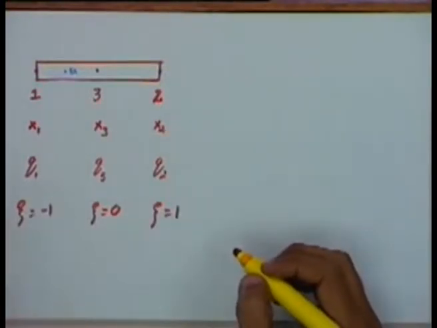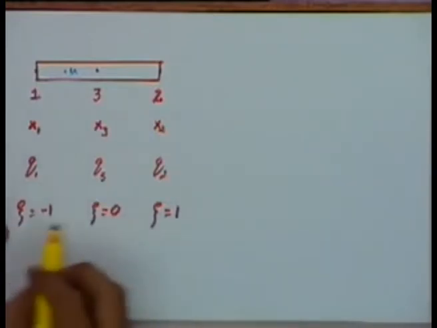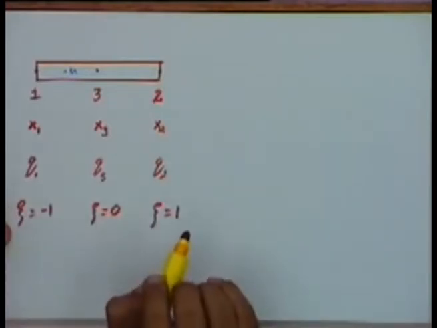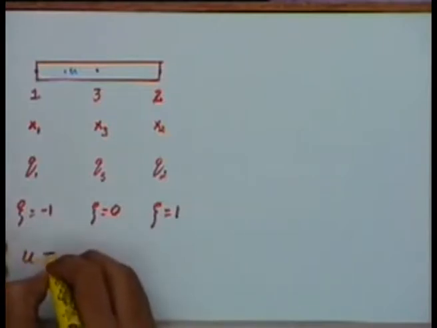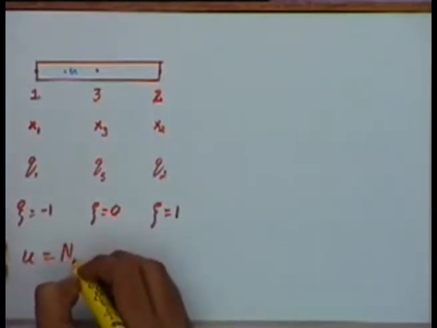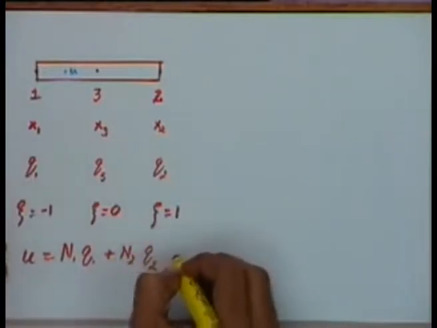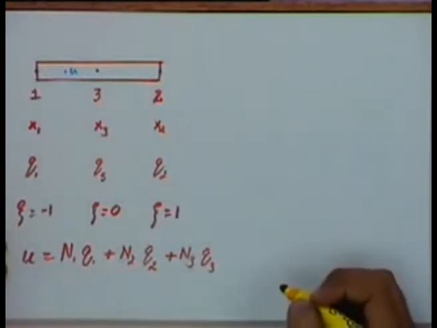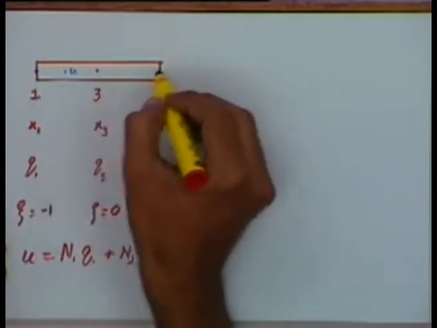Again we define a Lagrange polynomial, similar to that. We will define u to be equal to n1 q1 plus n2 q2 plus n3 q3, where n1, n2 and n3 are the shape functions associated with the 3 points 1, 2 and 3.